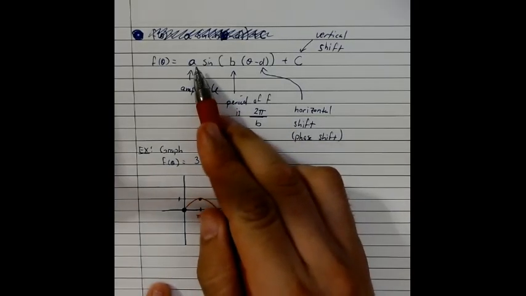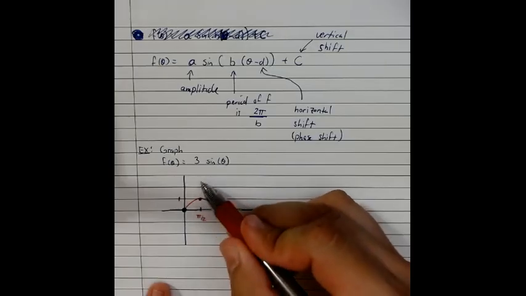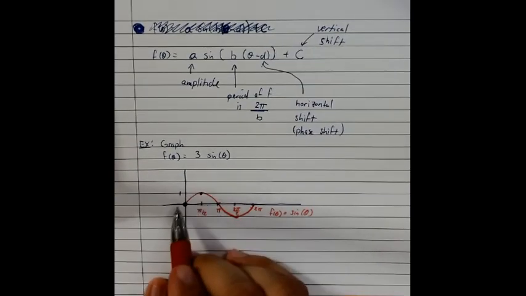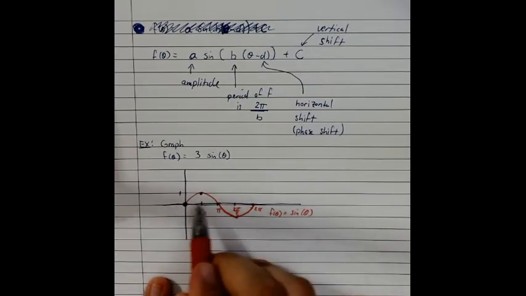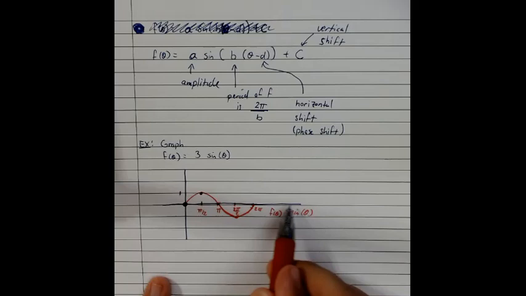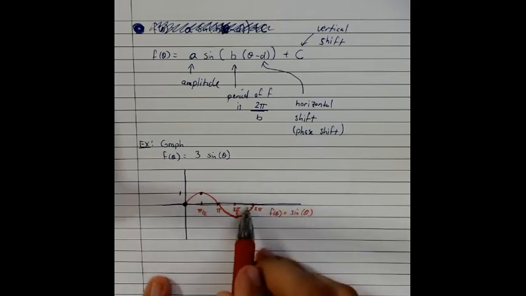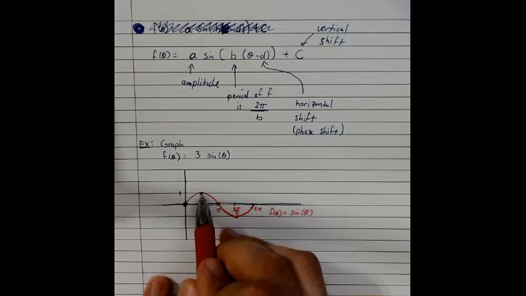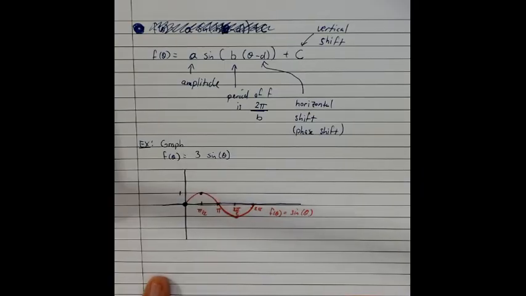The amplitude changes the height of the maximum and the depth of the minimum. It doesn't change anything along the axis, because along the axis, the sine of theta is equal to 0, and if you triple 0, it's still 0. But notice here the sine of theta is equal to 1. So if you triple it, triple 1 is 3. It's gotten a lot taller now.